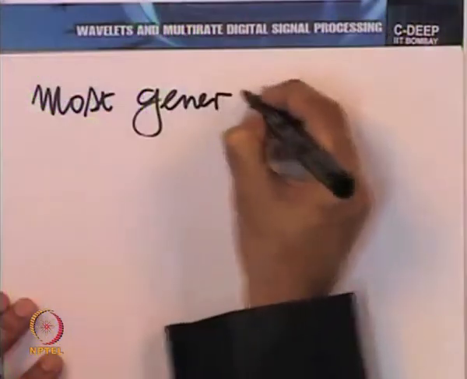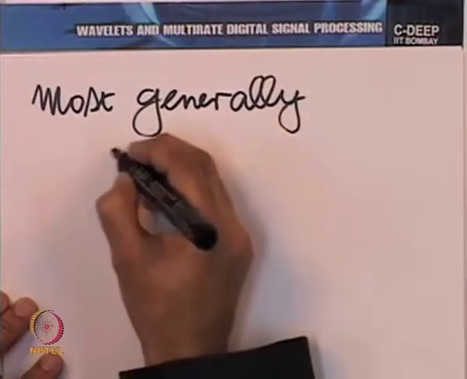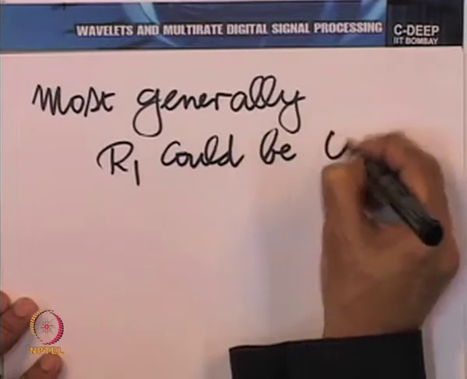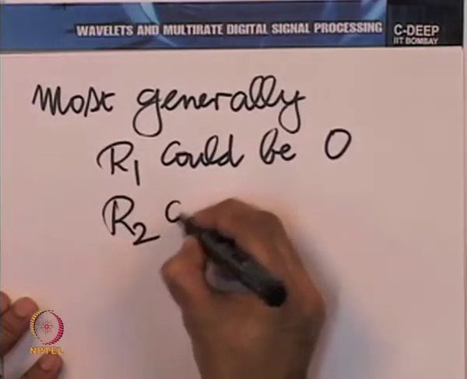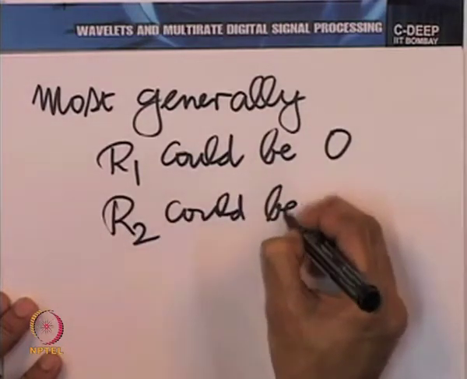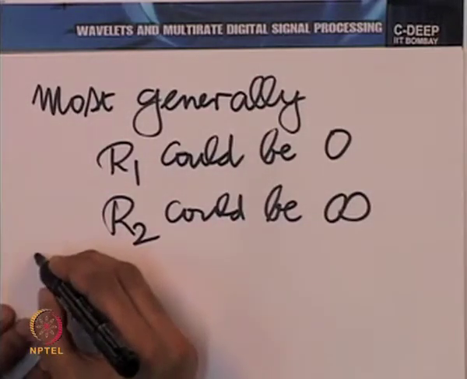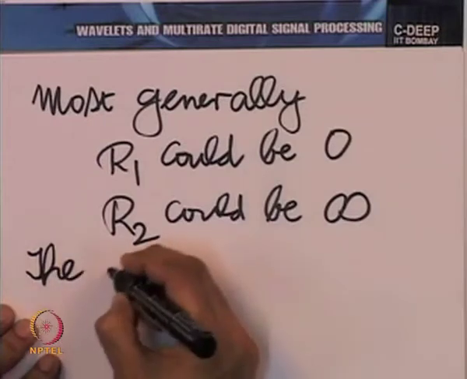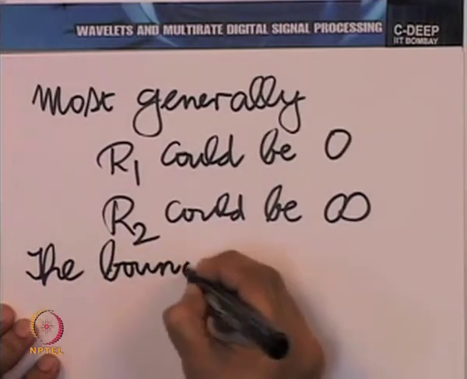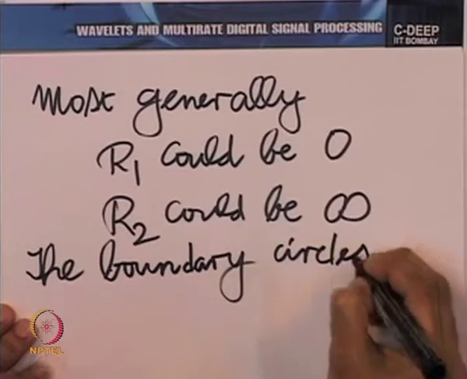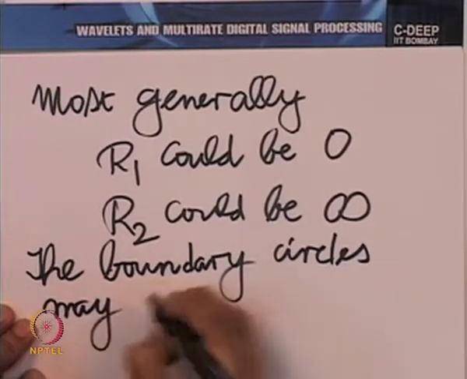Most generally, R 1 could be 0, R 2 could be infinity. Moreover, the boundaries may or may not be included. The boundary circles may be included or excluded.